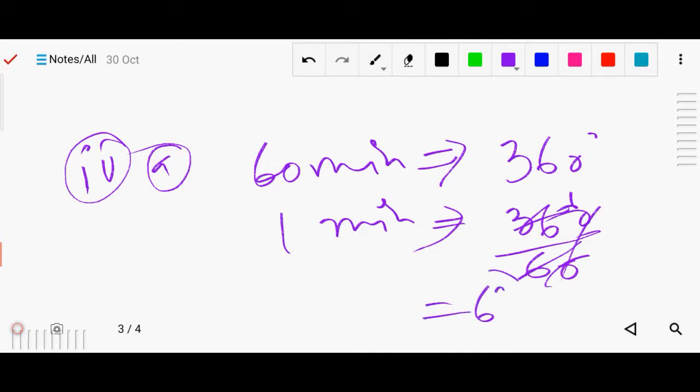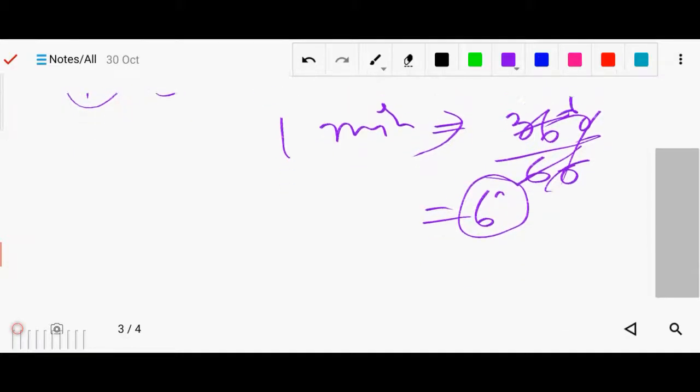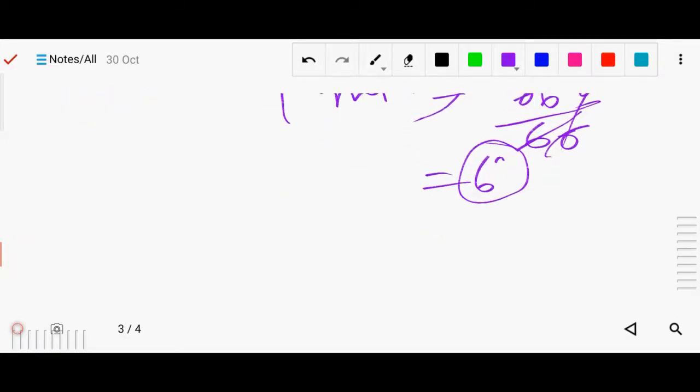So 6 degrees will be the answer. Now let's solve part b.